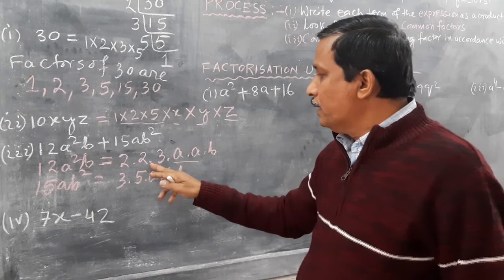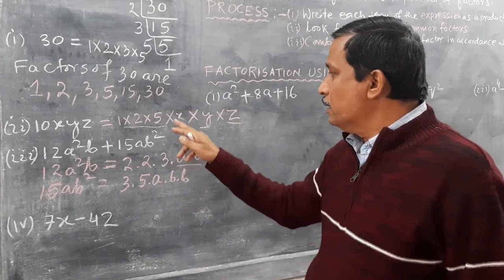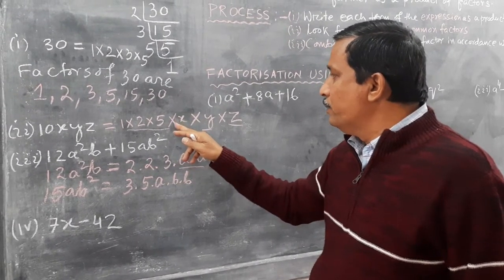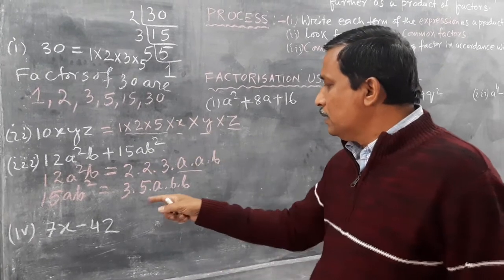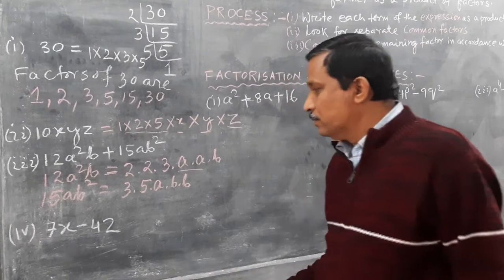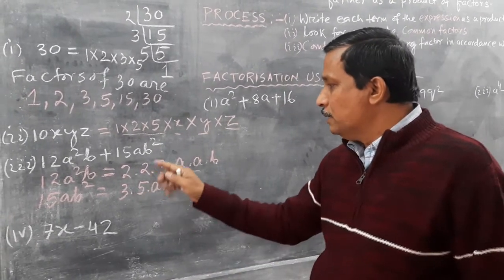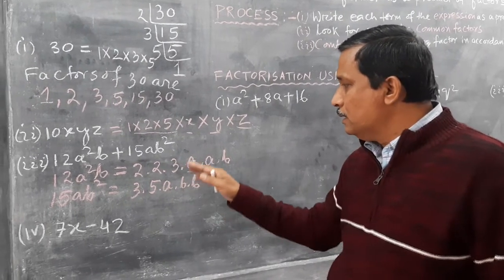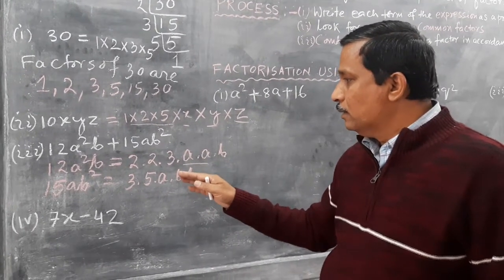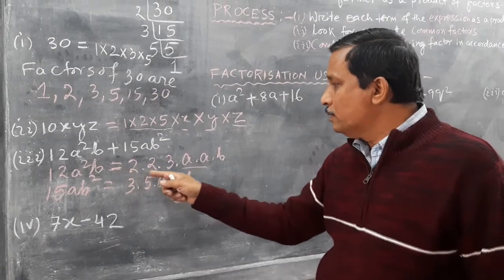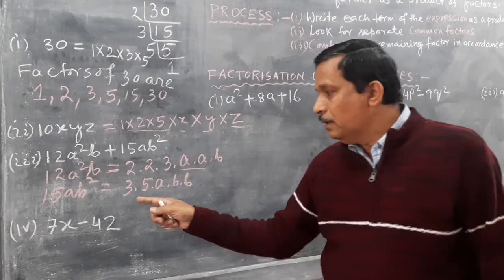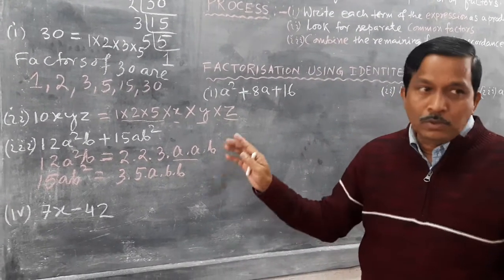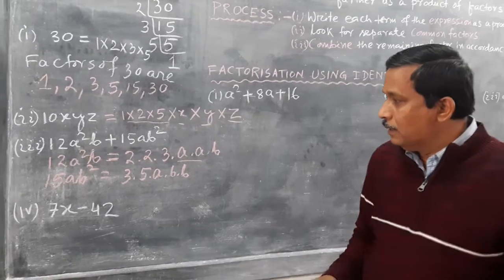Here I have taken a dot as the product, not a cross, because it may confuse you with x, so for that only I have taken the dot here. So you can first see what the common factors are in both the terms, which means they must be in 12a square b as well as in 15ab square. In both terms it should be there.